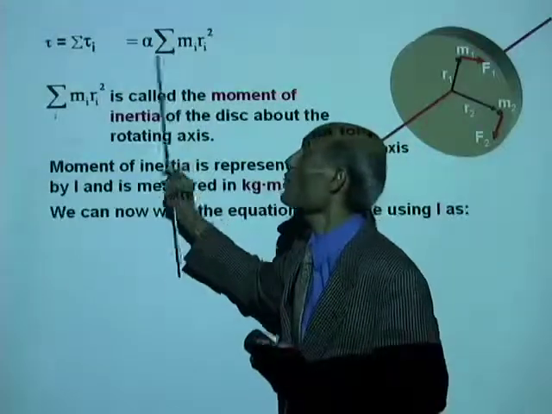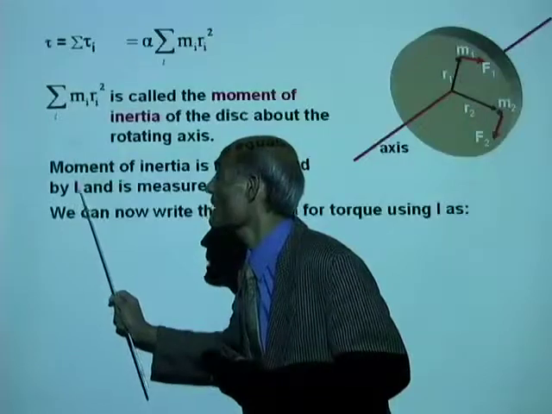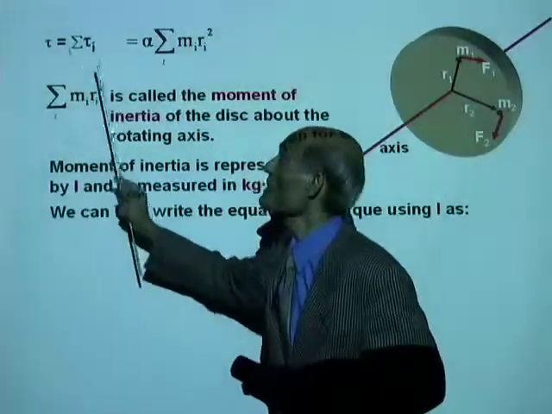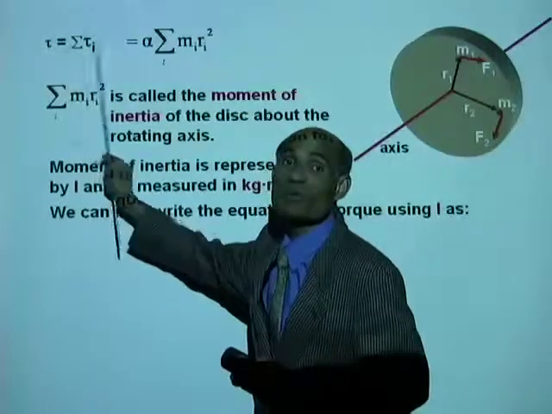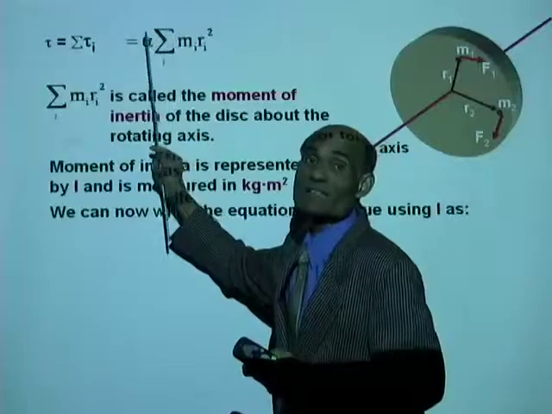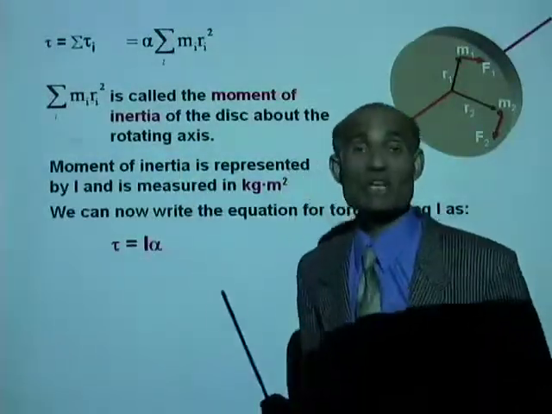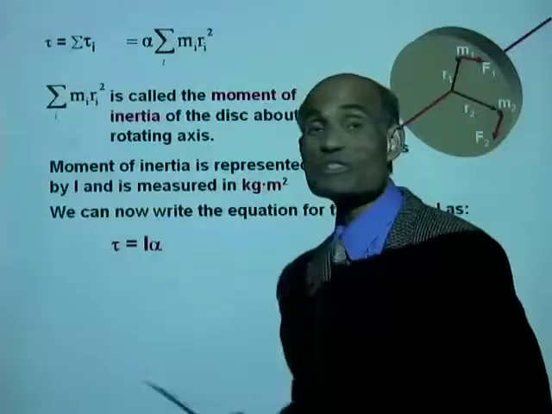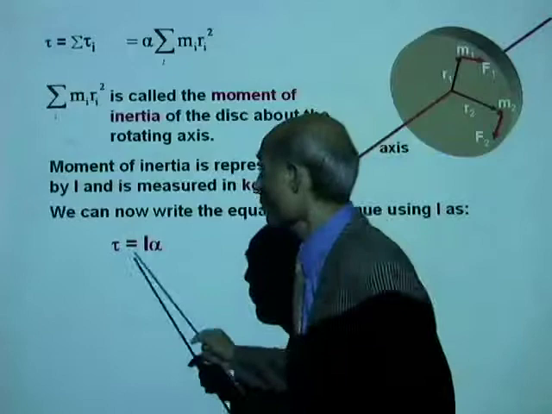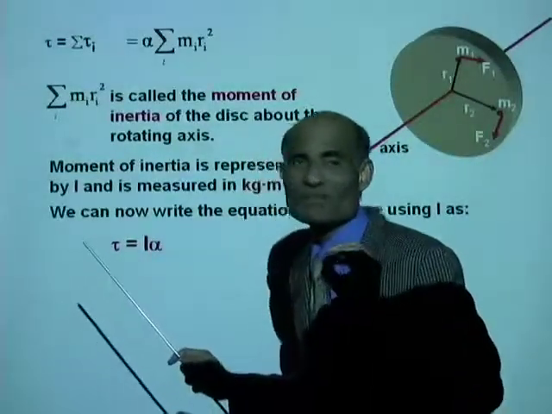This quantity is called the moment of inertia, and we will represent it by the uppercase I. And therefore, I can now write tau equal to I times alpha. And that is the equation for rotational motion.